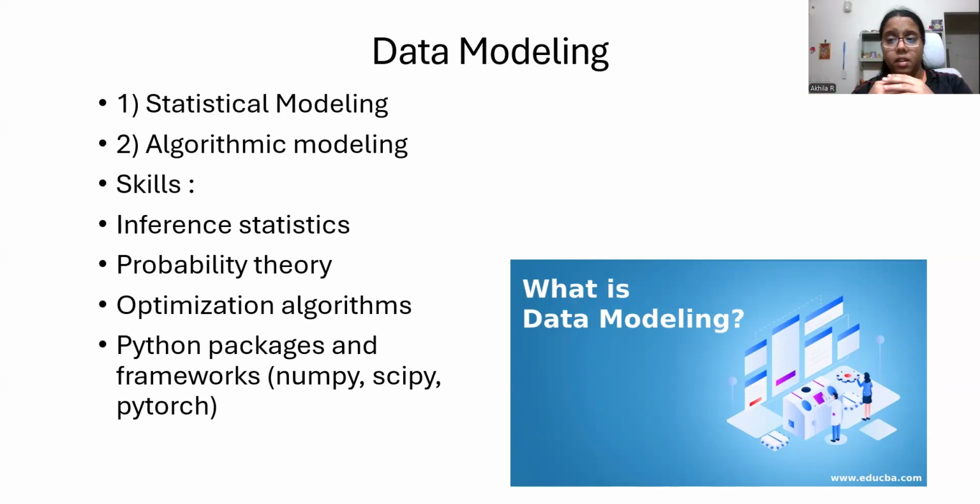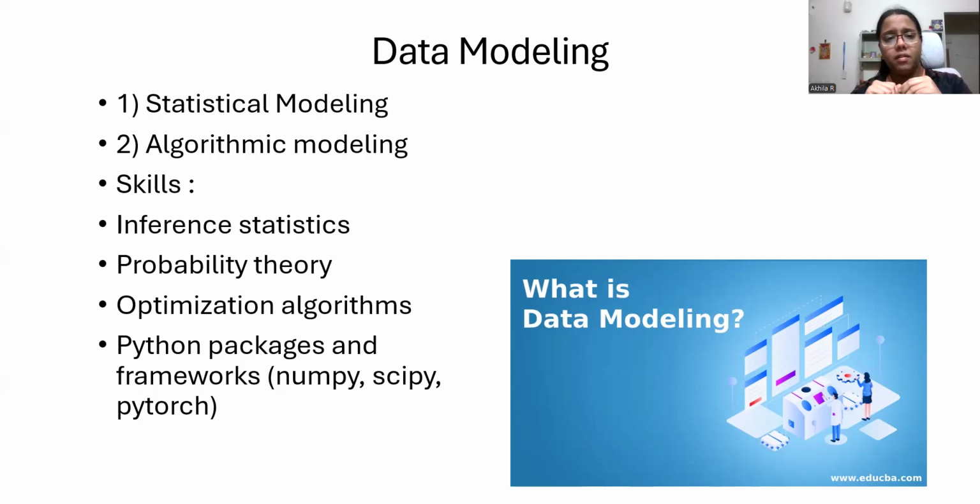But today, when we are dealing with high volume data, when we are trying to deal with images, audio, video, it's not that easy to capture the relationship between the entities, the parameters.